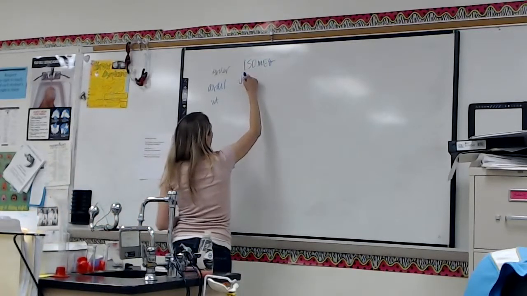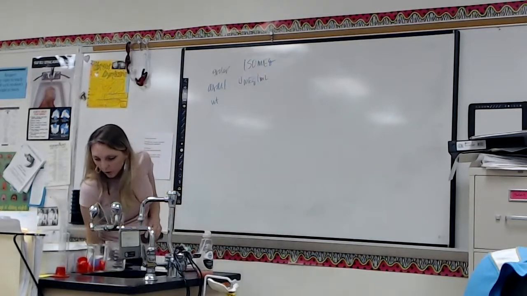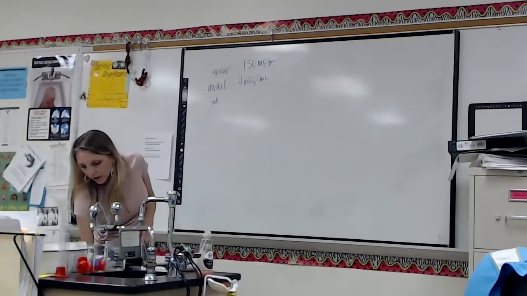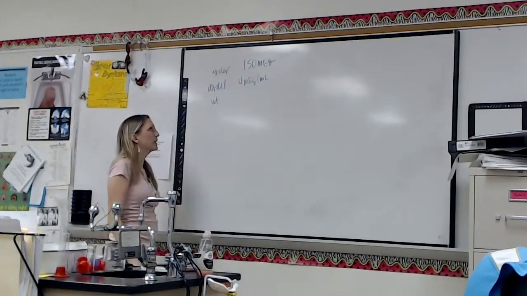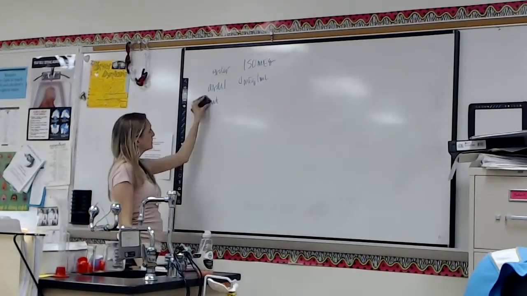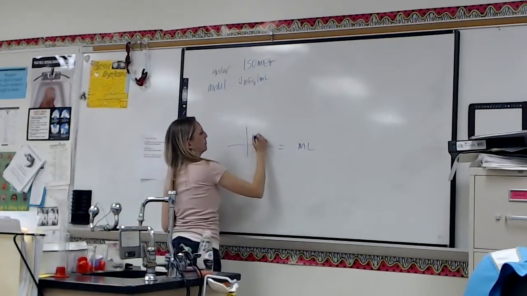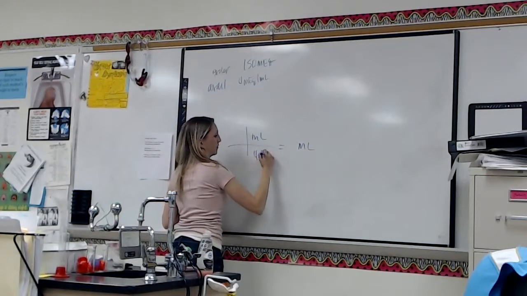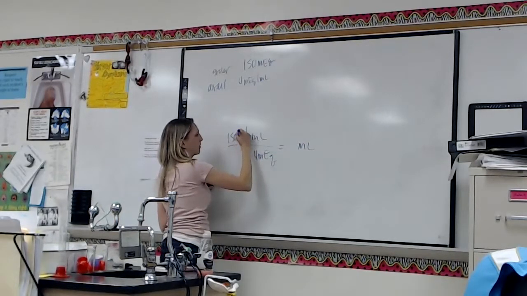4 milliequivalents per milliliter. Yes. Okay, so what volume do they need for 150 milliequivalents? How much do they need? You have trouble? 150 divided by 4, I think. Yes. 3.4 milliliters.